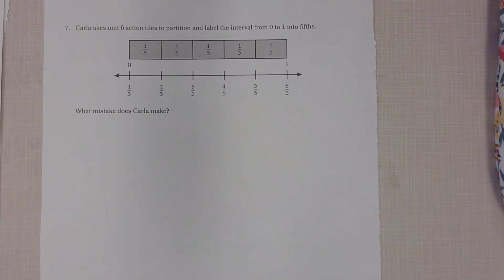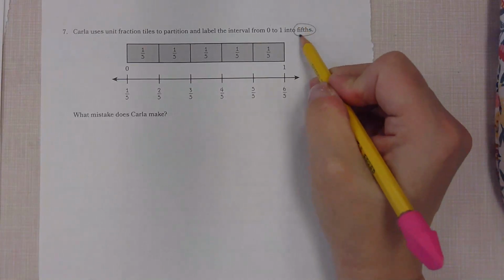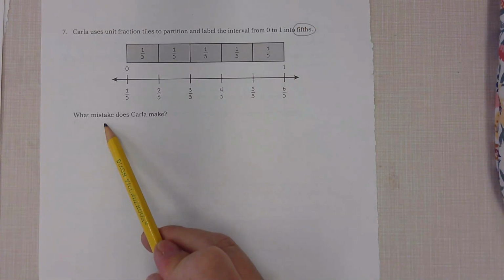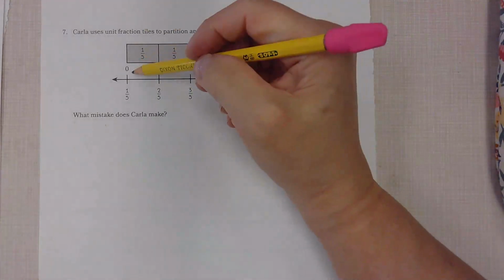All right, moving on to number 7. Carla uses unit fraction tiles to partition the interval from 0 to 1 into fifths. Fifths, okay? What mistake does Carla make? If you said that she made a mistake right here, you are 100% correct.